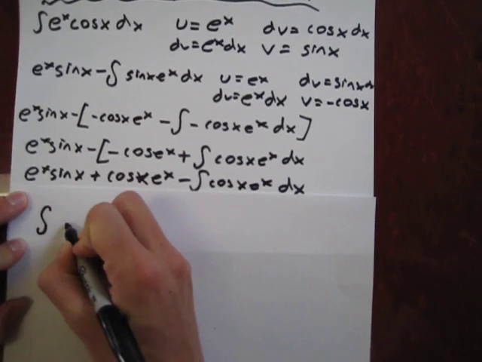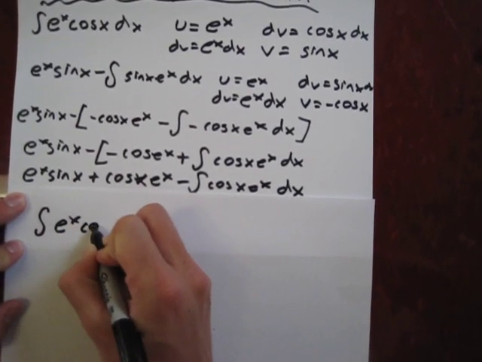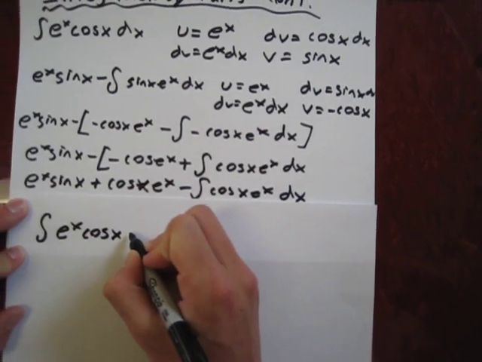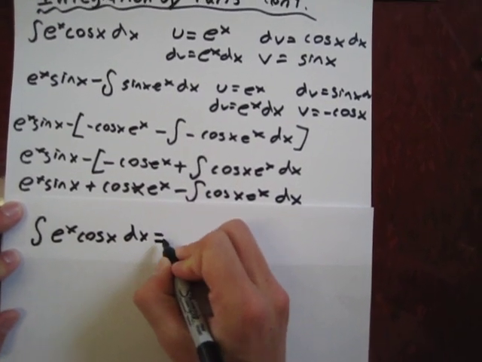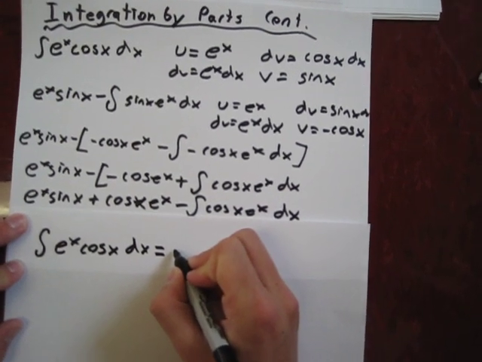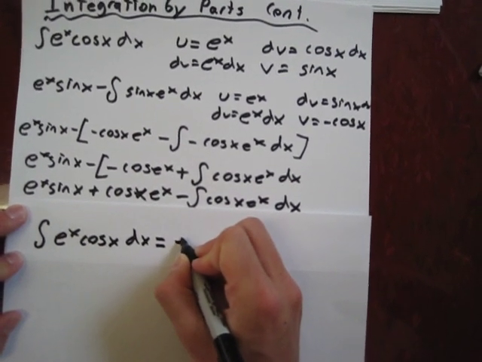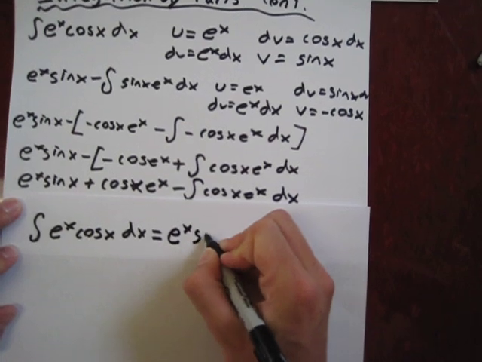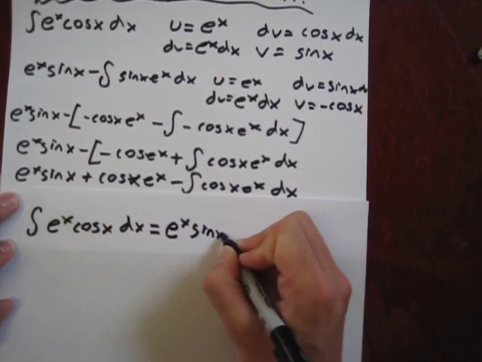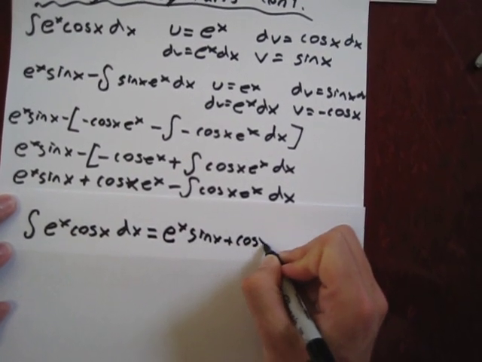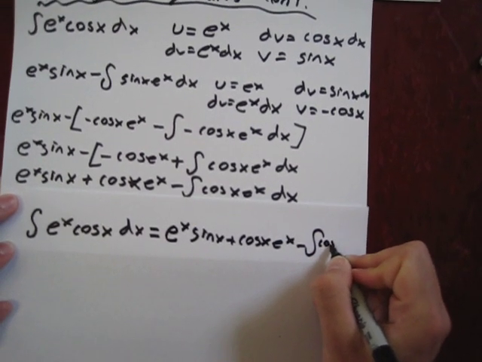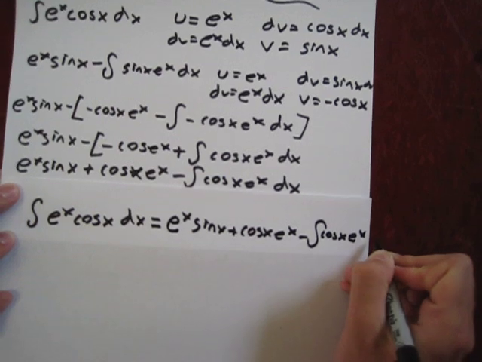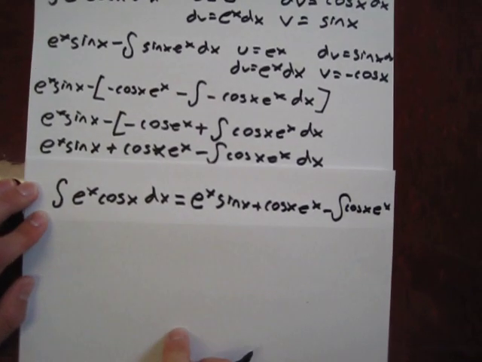So I'm going to get the integral of e to the x cosine x dx, which is of course true because all we've been doing up to this point is solving that integral, so they do equal. And that's equal to this whole line, cosine x, and then just imagine a dx there. Don't have enough room on this piece of paper.